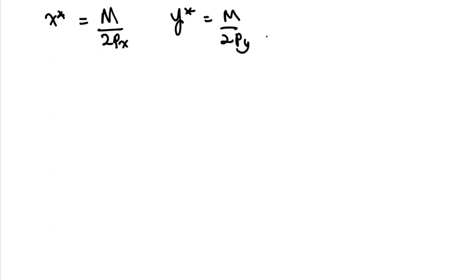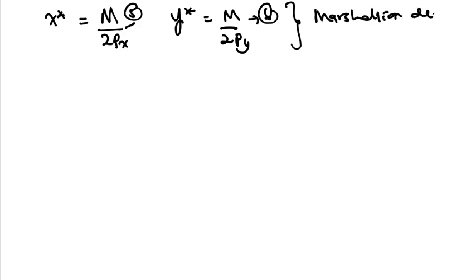Finally, after some arithmetic calculation, you should get x star equals m over 2px and y star equals m over 2py. I call this one 5 and this one 6, equation 5 and equation 6. If you see these two, like I said previously, these are the Marshallian demand for x and y respectively.